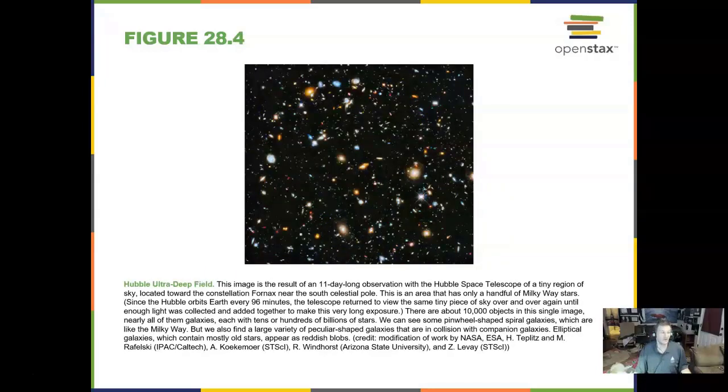This is the Hubble Ultra Deep Field. They did an original deep field in the 1990s, and this one is even better. Every single smudge dot image on this mosaic is a galaxy with billions of stars.